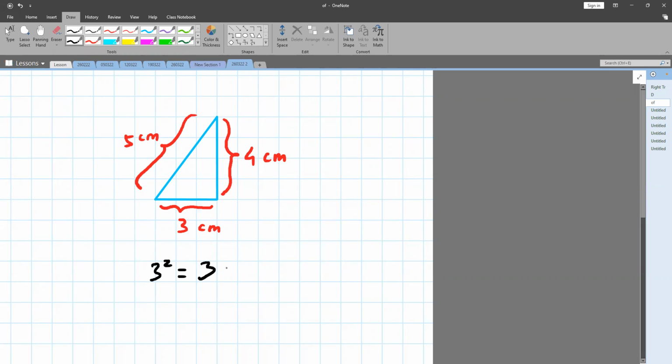That simply means 3 times 3. So 3 squared is 3 times 3, that is 9.